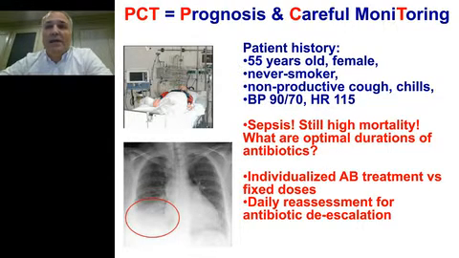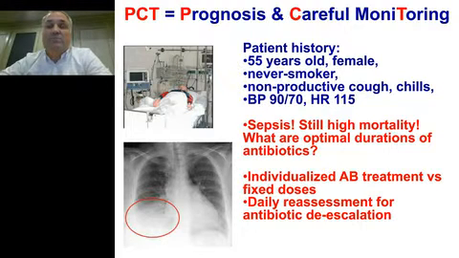So when I went to medical school and read my textbooks, it was written that for pneumonia, a course of 10 days should be used. So while we use fixed doses of antibiotics for many infections, we now try to be more individualized in regard to the treatment durations. So if you have a patient responding well to therapy, he may only need 3, 4, 5 days.